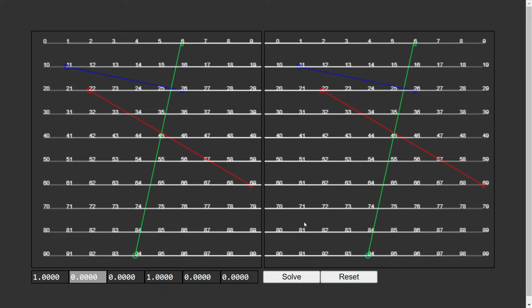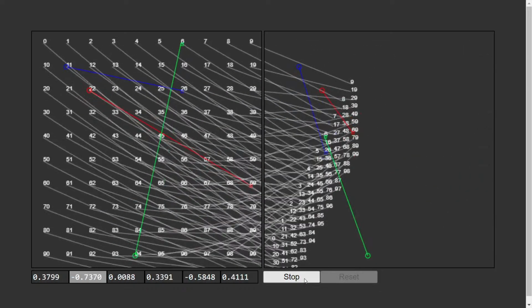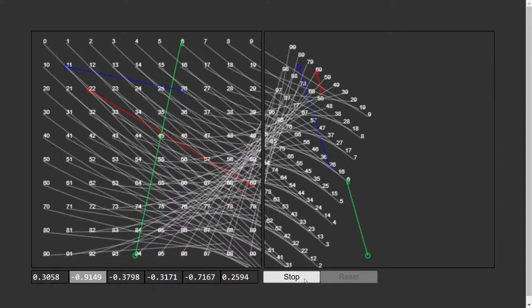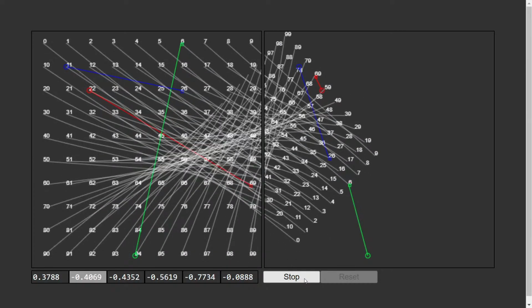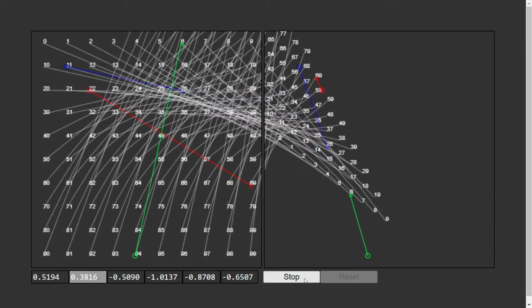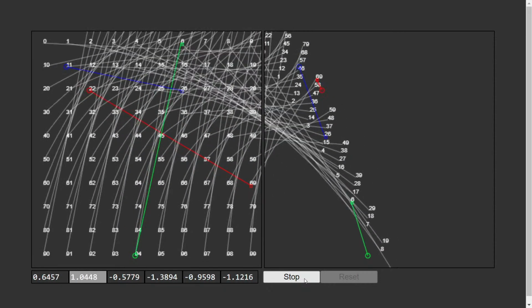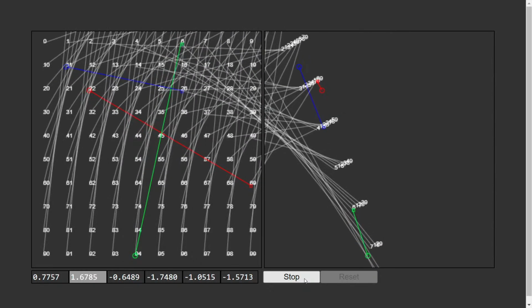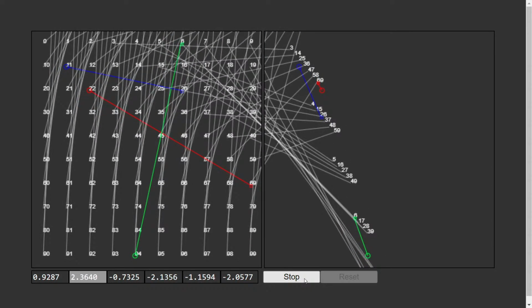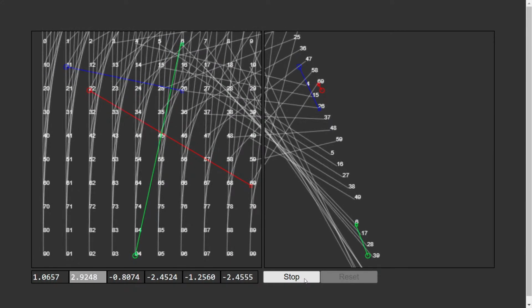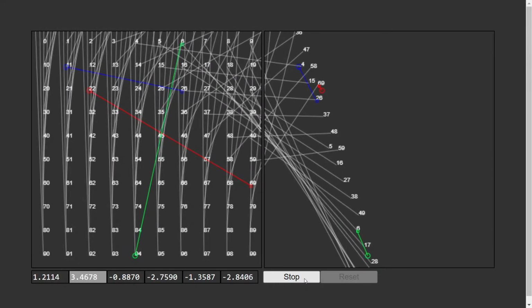Well, let's see what old gradient descent does. Yeah. See, it's maintaining the angle of all three lines while scaling in that direction.